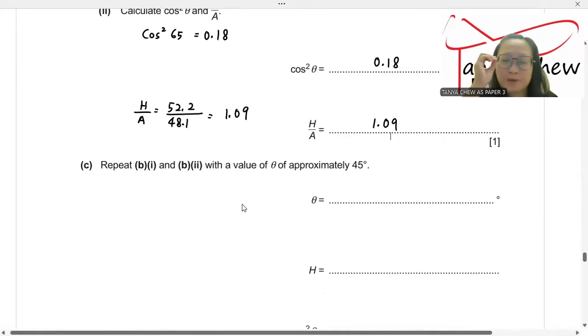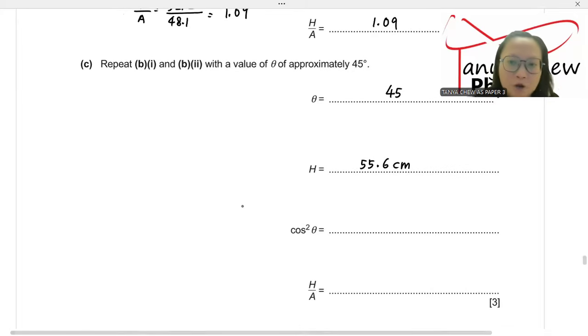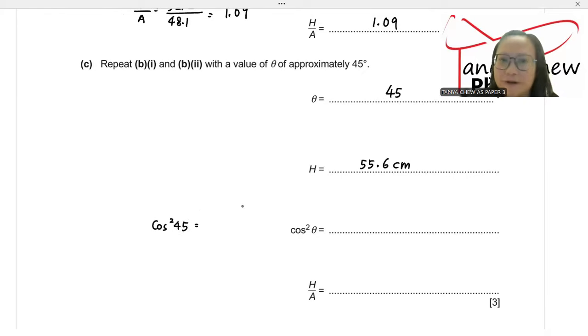Now repeat B1 and B2 with a value of theta approximately 45 degrees. So I put 45 degrees here. And the h that I got was 55.6 cm. And my cos square theta, so cos square 45, since 45 has 2 significant figures, I put cos square theta as 2 significant figures, 0.50.